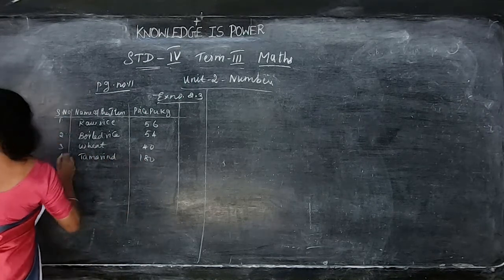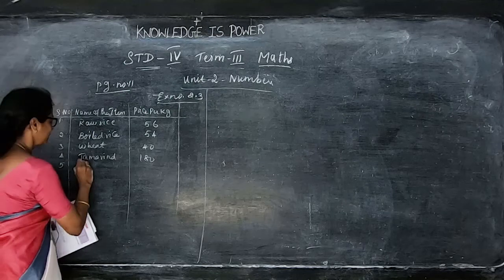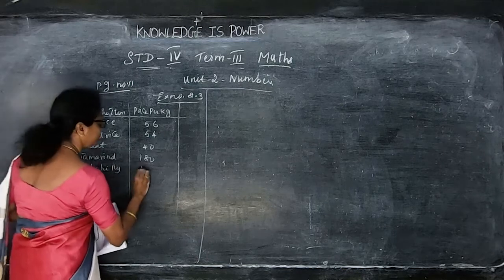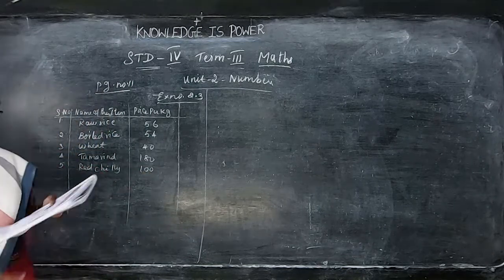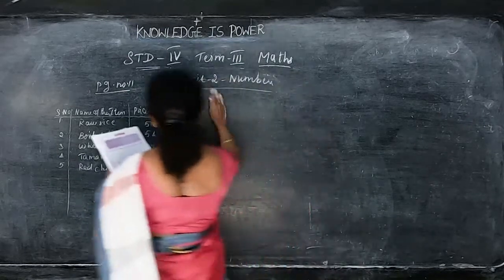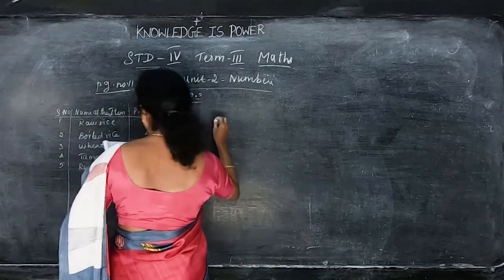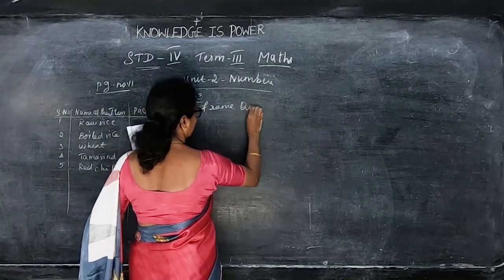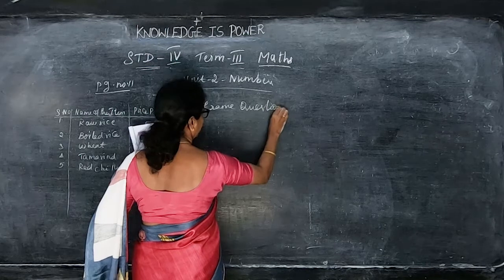And fifth one is red chilli, that is 100. Okay, now we have to frame questions. Frame questions அப்படின்னு கொடுத்துருக்காங்க. How to frame the questions here?